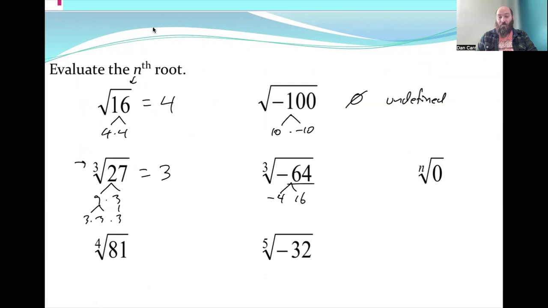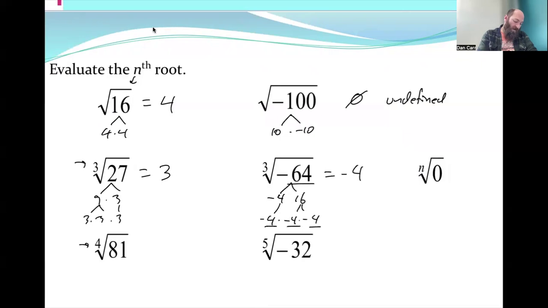Negative 4, I'm going to keep. Negative 16, I can make from negative 4 times negative 4. So in a way, I could say that negative 64 is negative 4 times negative 4 times negative 4. That is 3 numbers that are the same. So the cube root of negative 64 does equal negative 4. That is an important thing I'm going to come back to in just a second.